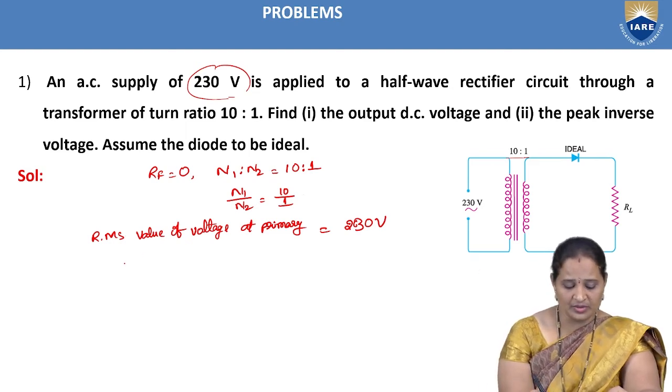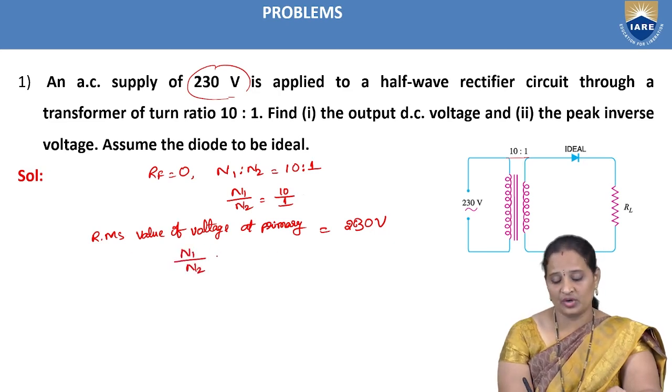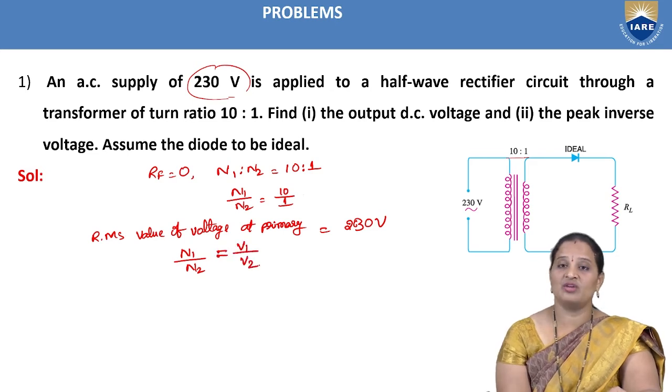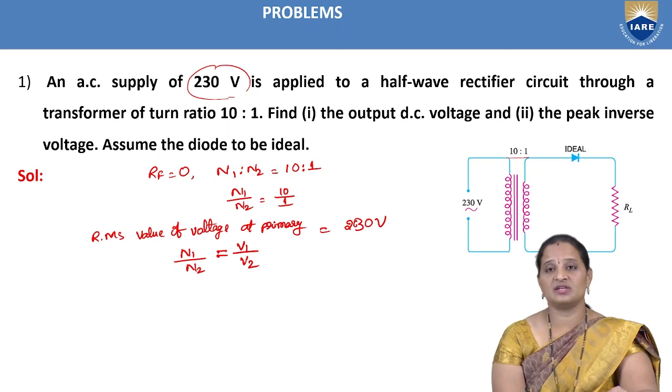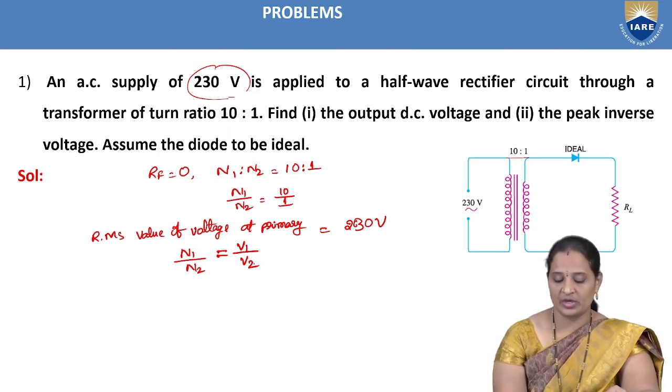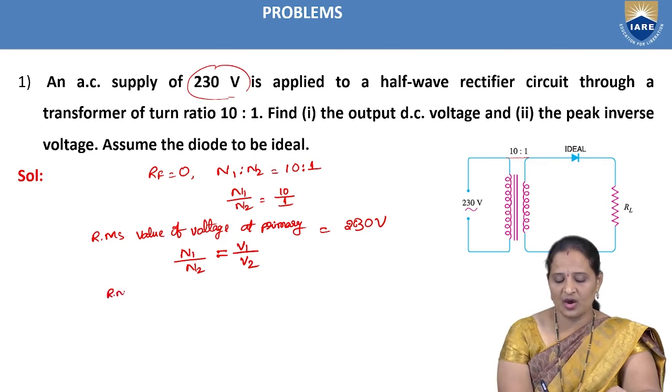Now, as we all know, we have a relation between the voltages and the turns ratio. N1 by N2 is equal to V1 by V2. That means the number of turns is directly proportional to the voltage. Now I am finding the RMS value of voltage at the secondary winding of the transformer.